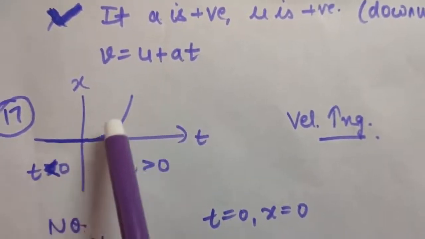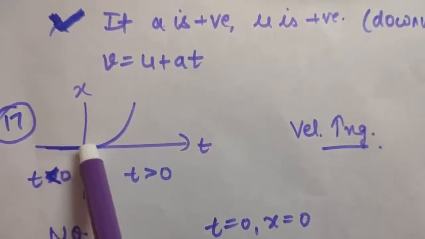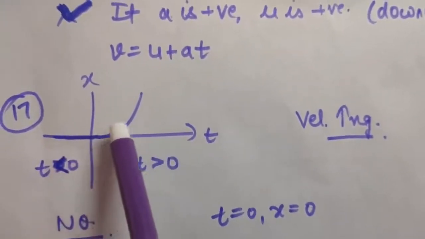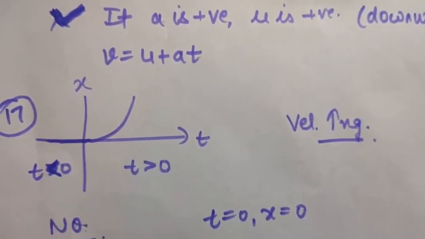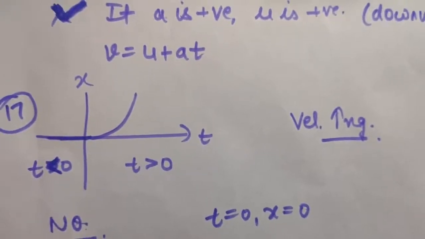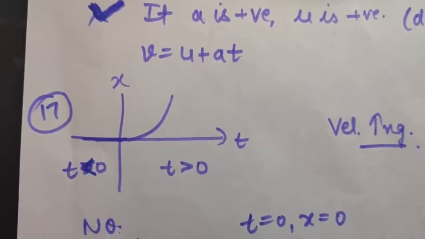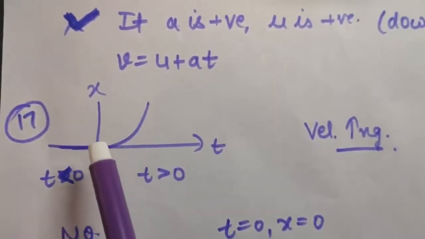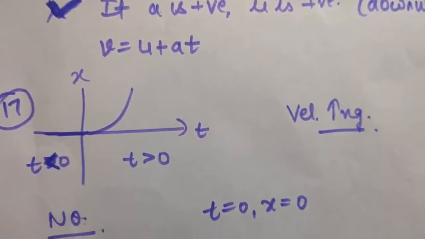So you can say from this graph that at time t equal to 0, the distance traveled by the particle is 0, and after that, its velocity is going on increasing. So from this graph, we can represent the motion of a body falling freely from a height. If it is falling freely from a height, its velocity will keep increasing, and the distance traveled will be 0 at time t equal to 0. So we can state it by that example.